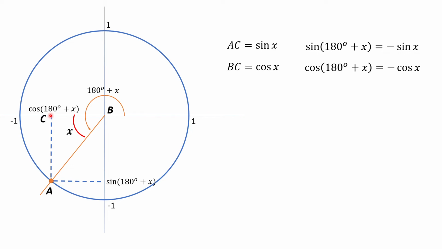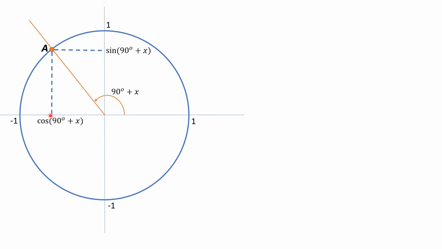All right. Next thing we consider is angle 90 plus x. Again, let's find our triangle. It changed a little bit. It's again ABC, our right triangle. Angle B again is angle x. AC again is sine of x.